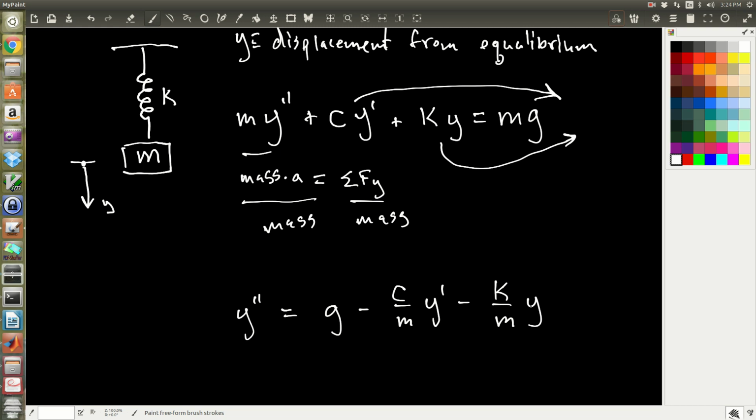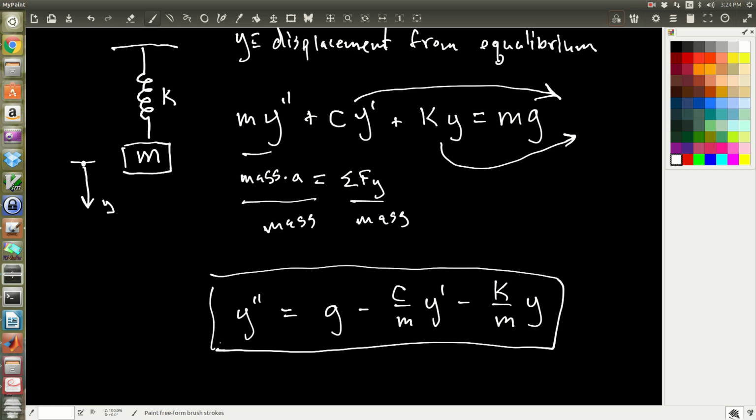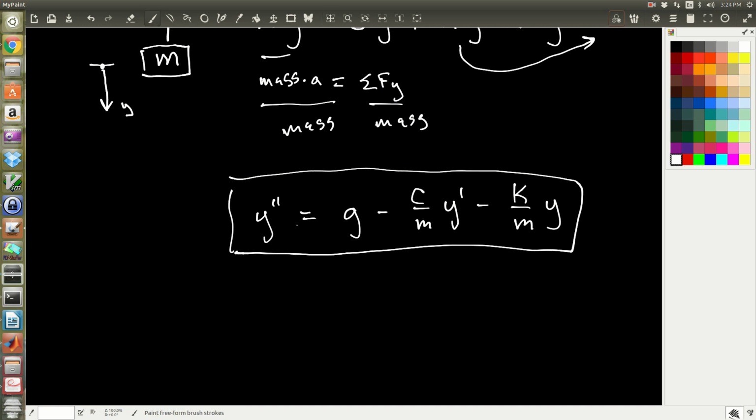Alright. So this is a second order differential equation that describes the displacement of this mass from its equilibrium position. So, second order ODE, right? Instead of using calculus to solve this, we want to solve it numerically.